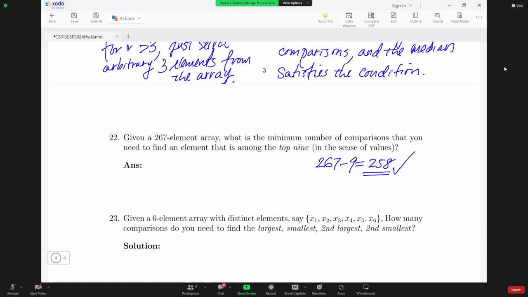Finding the maximum, we just need one more than this number. So we select 259 elements from the given array. Arbitrary 259. Then find the maximum.